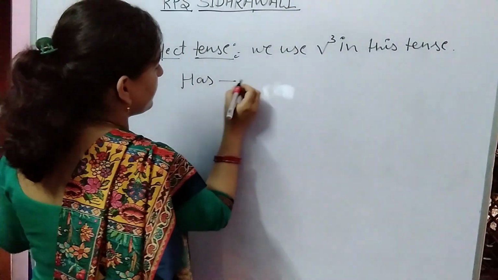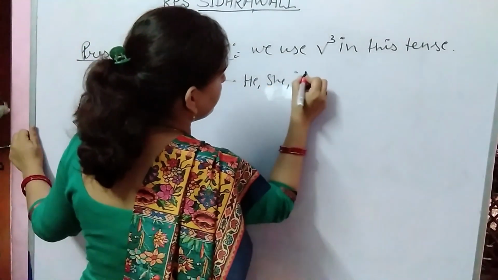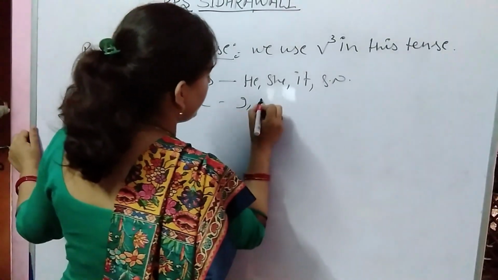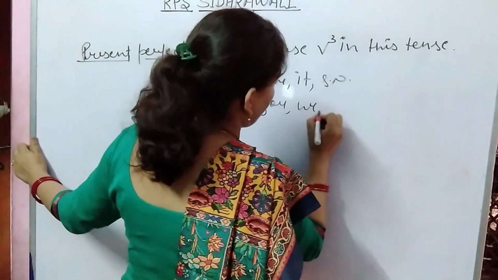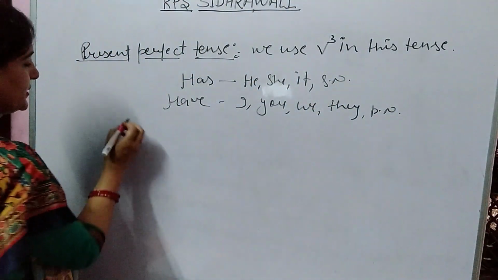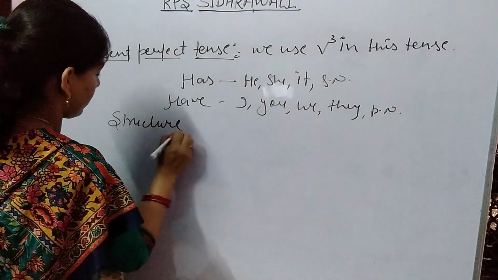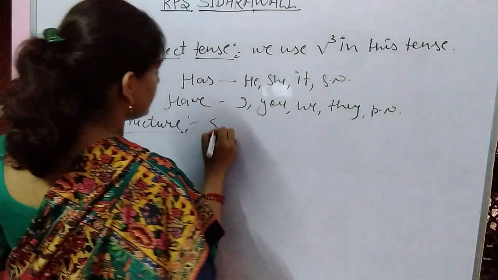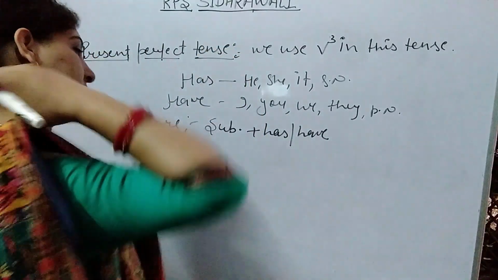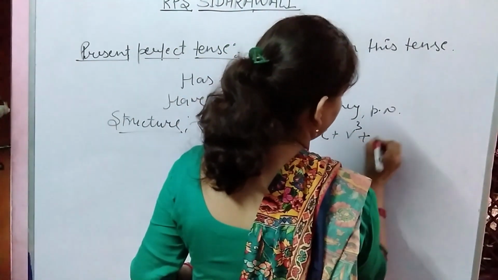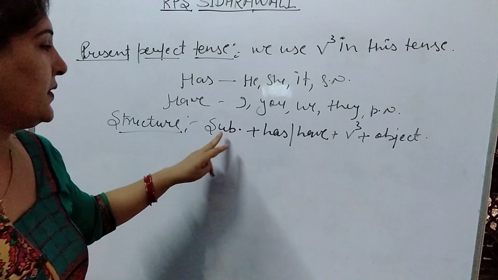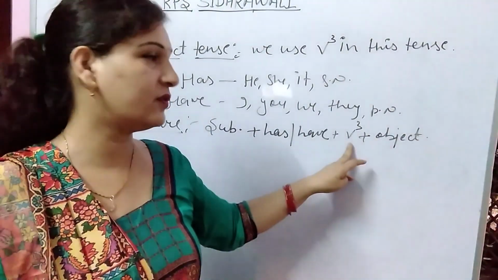Has with he, she, it and singular noun, and have with I, you, we, they and plural noun. Let's see the structure. Subject plus has, have plus V3, then object. First we use the subject, then has or have plus V3, the third form of the verb, then object.